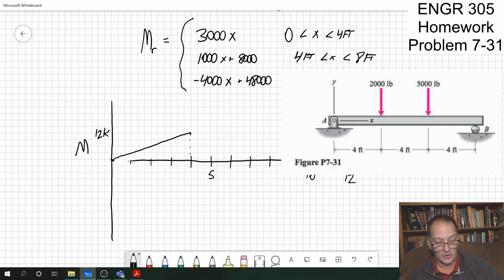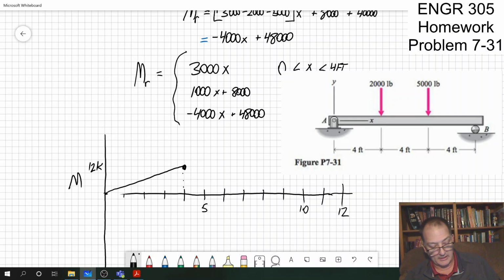So then, what happens now at this point? At x equal to 4, this is 4,000 plus 8,000, so that goes to 12,000. Oh, that's good. So it starts there. Accident? I think not. It goes to 12,000, and then it keeps rising.